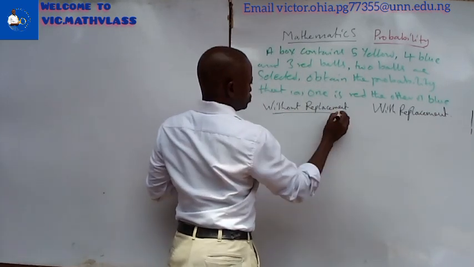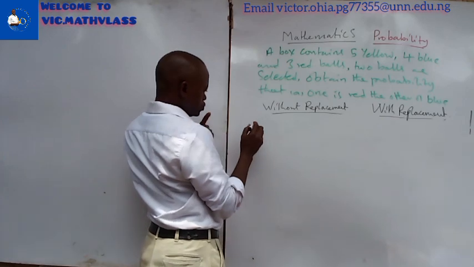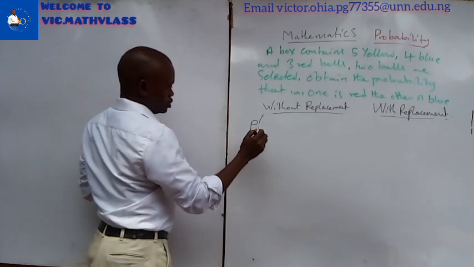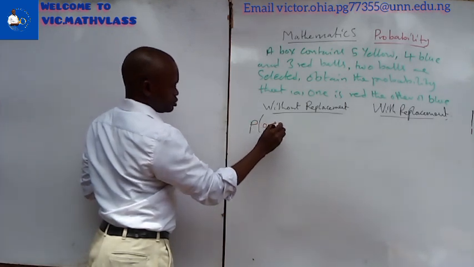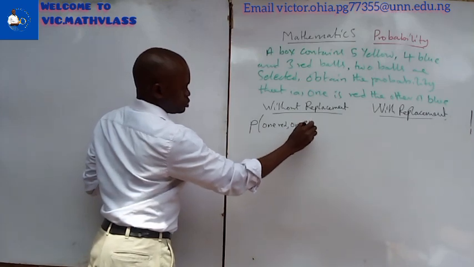I want to look at the two cases. So what we are talking about here is a probability selection in which we have one red, one blue.